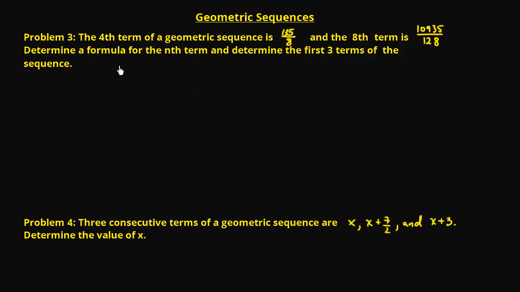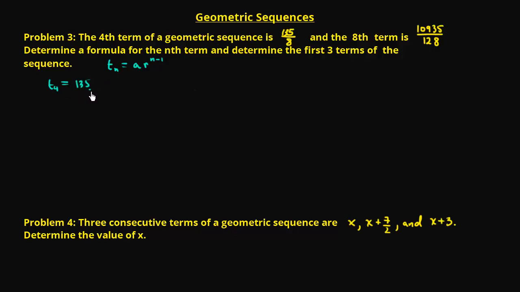So we know that for a geometric sequence, the nth term can be written as a, which is the first term, times the common ratio to the power of n minus 1. What we know is that the fourth term of the geometric sequence is 135 over 8.